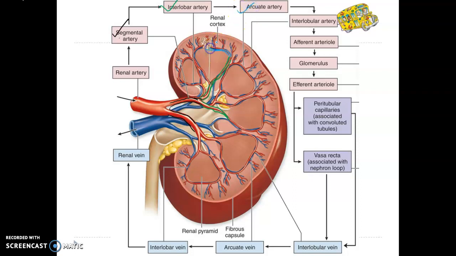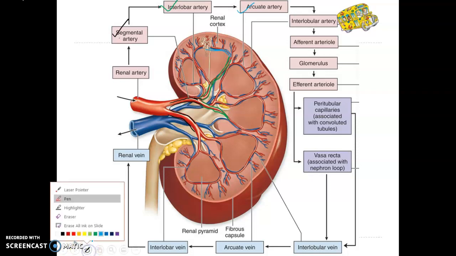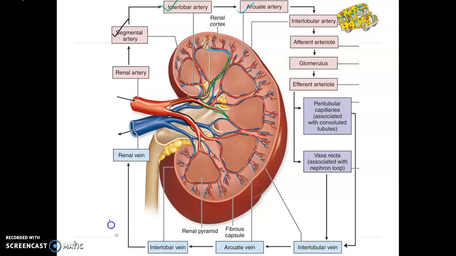They're making an arc, so that's an arcuate artery. From the arcuate artery, we have these red arteries. You see these ones that are in the cortex? These arteries are called interlobular arteries.